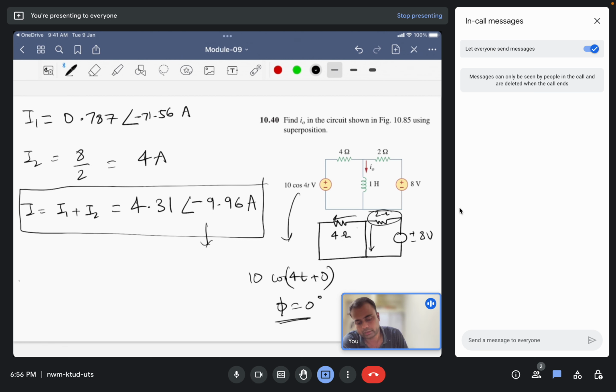If you have to calculate the lagging power factor of the circuit, that will be cosine of 9.96, which is around 0.98. So PF is 0.98 lagging.